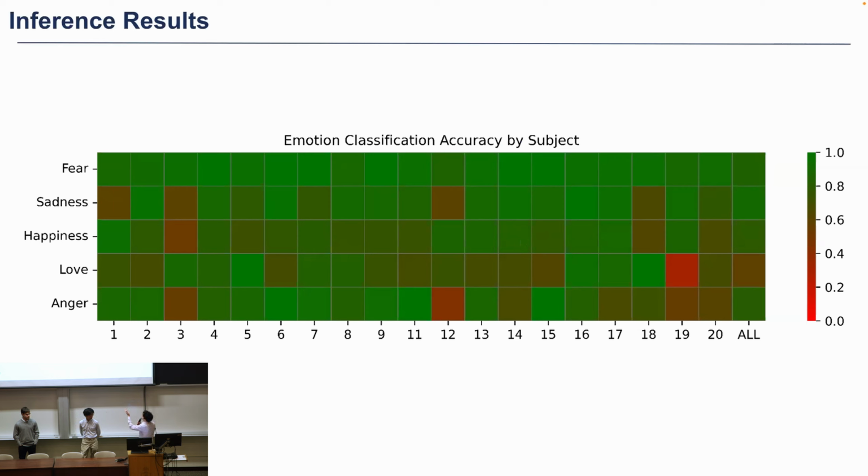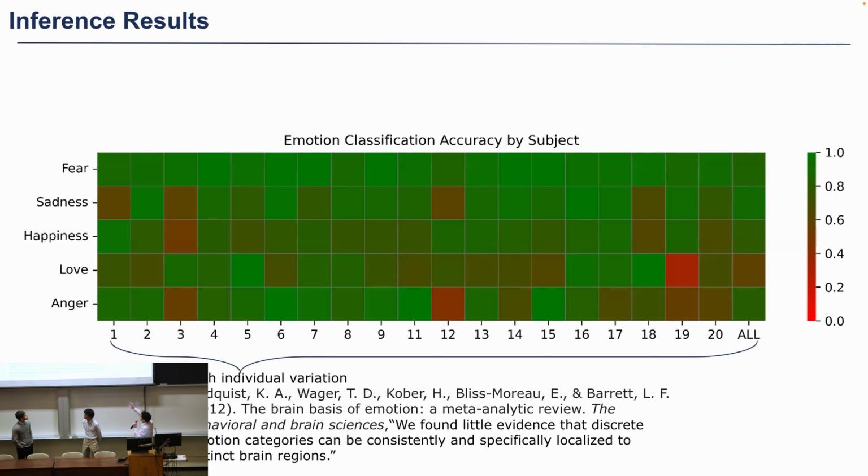I'm going to give you some time to look at this graph because there's a lot going on here. But actually, in this one graph, there's a lot of neuroliterature results that have been accumulated over the last couple of decades that can immediately be pulled out of our graph, despite the fact that this model is completely brain agnostic. The first thing I want to point out is that there's a lot of variation between individuals here.